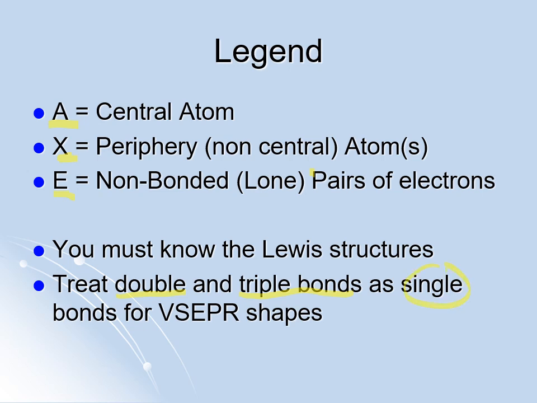So whether they are a double or triple bond based on our Lewis structures, we don't care. We're just going to see them as being a bond, because if you had an atom bonded to another atom, whether it was a single bond or if those two atoms were bonded with a double or a triple bond, their relative position is going to be the same.